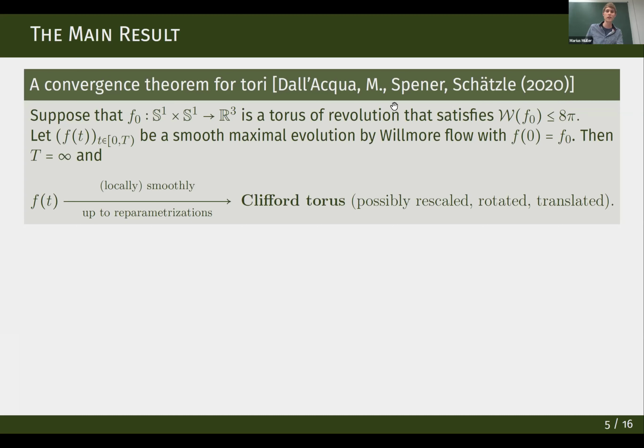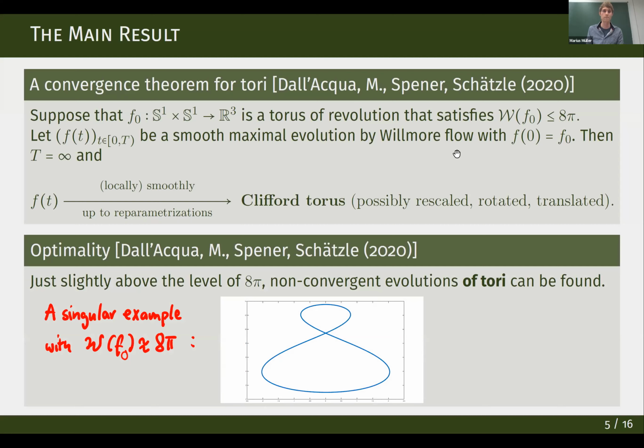There are multiple reasons, and maybe later I will have time to explain why this 8 pi bound is sort of interesting, or why it could be sort of universal. In our case, it's also optimal. So for us, we were also able to prove the optimality of this energy bound.